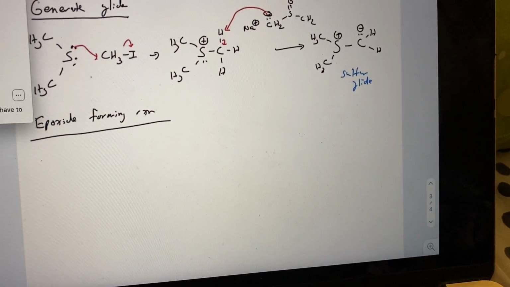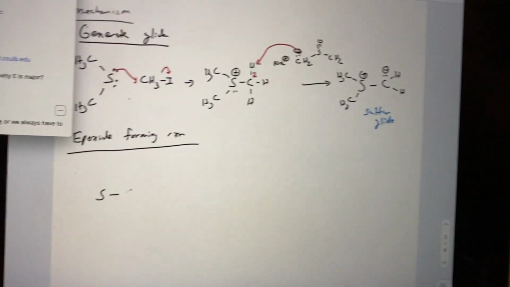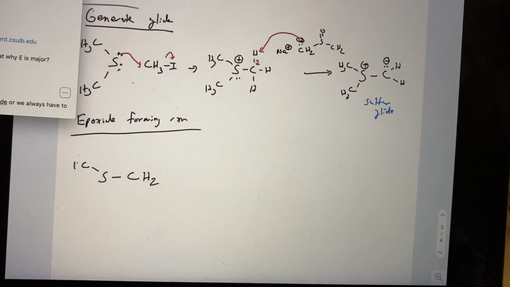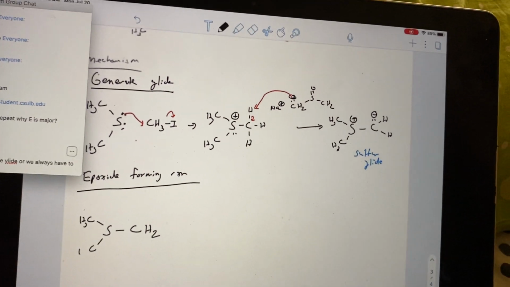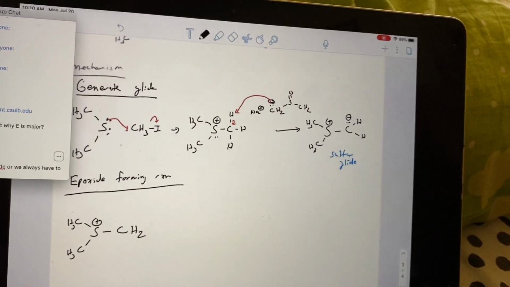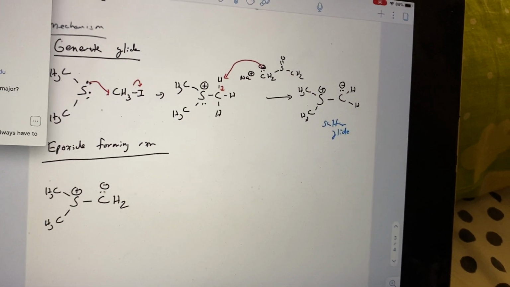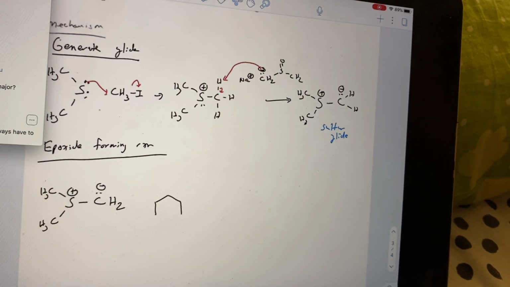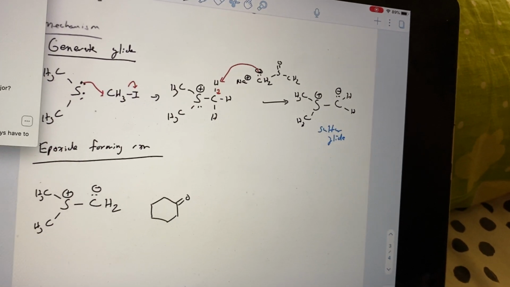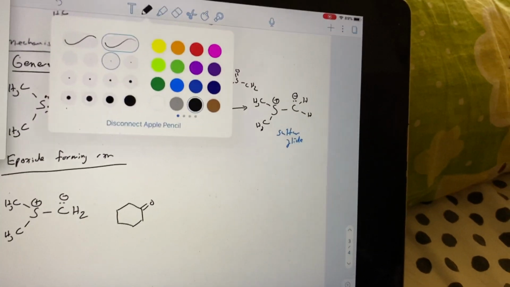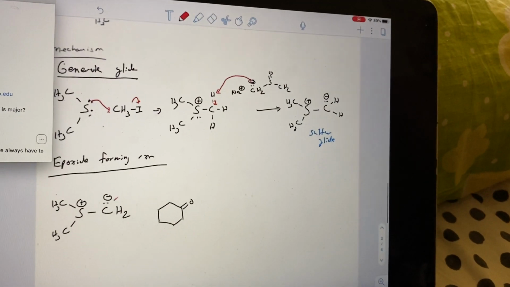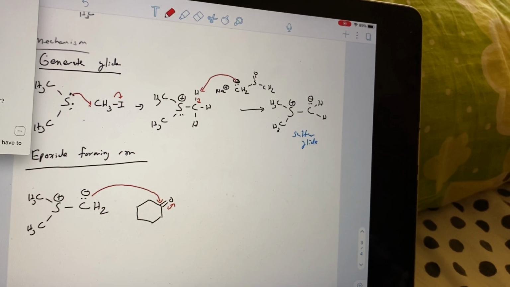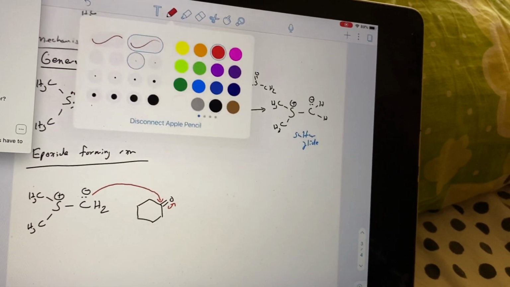Let's rewrite this sulfur ylide, and I'm just going to collapse those two hydrogens down to make it a little more clear. Plus, minus. The way this mechanism is thought to occur is that if we react it with, say, this ketone, we actually don't form that four-membered ring species.